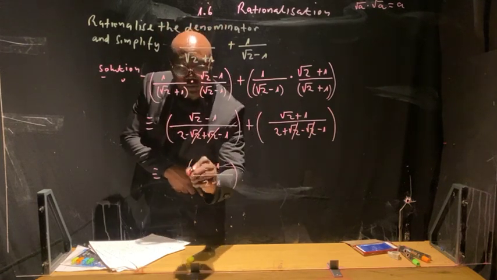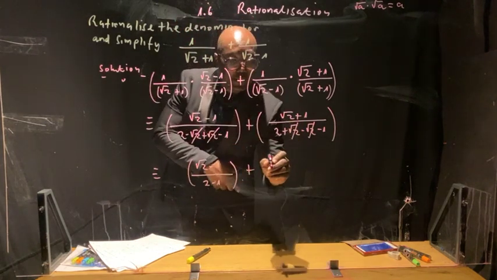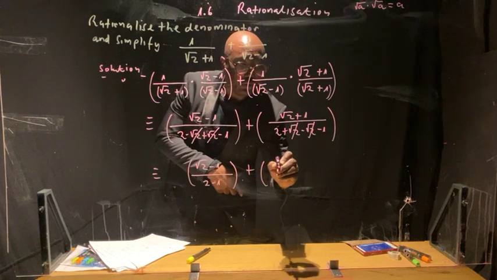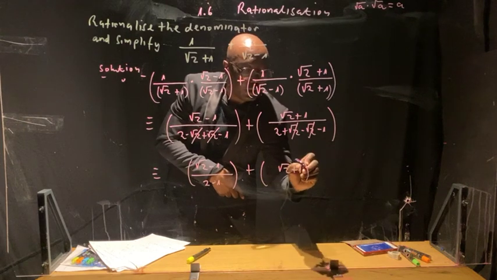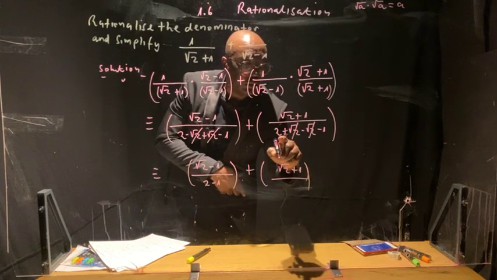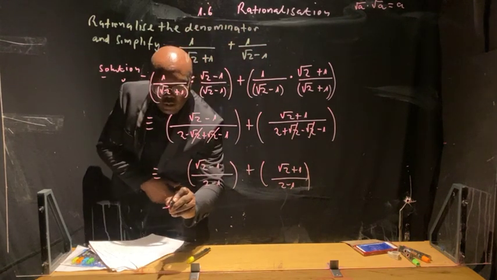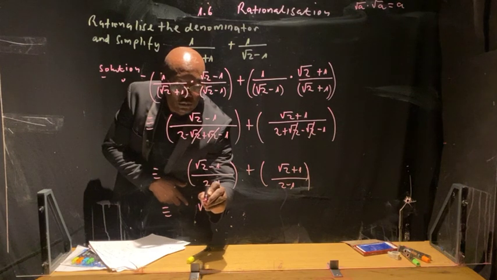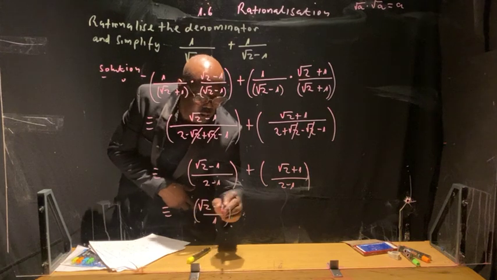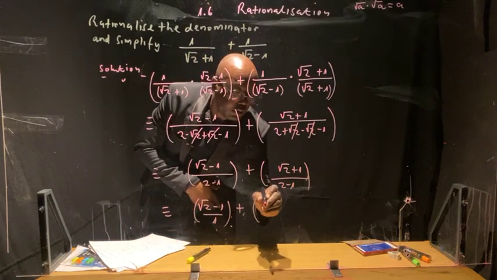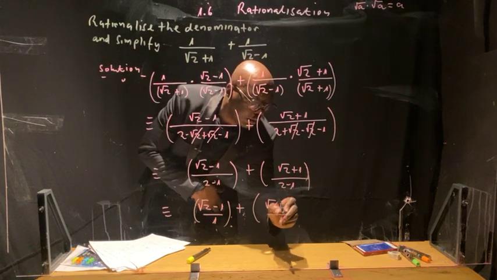Which is this one. Then in the bracket we have root 2 plus 1 over 2 minus 1. So we have root 2 minus 1 over 1 plus root 2 plus 1 over 1.